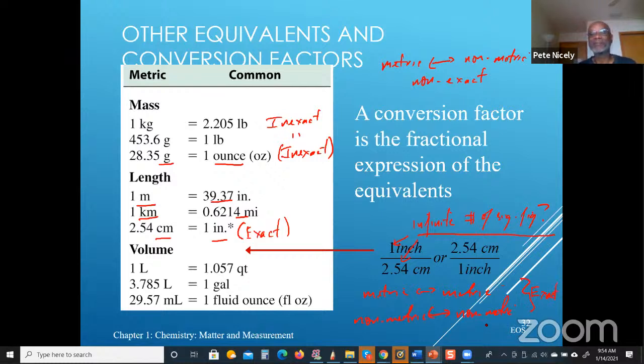So please keep in mind that as well when you're doing any calculations. If you're going from metric to non-metric or vice versa, then that relationship is non-exact, and you have to take that into account when you're rounding off. If you're going from metric to metric or non-metric to non-metric, in other words, if you're going from one unit in the same system as the other unit you're converting to, then that relationship is exact, which means that all the numbers involved will have an infinite number of sig figs, and you have to take that into account as well when you are doing any calculations or mathematical operations.